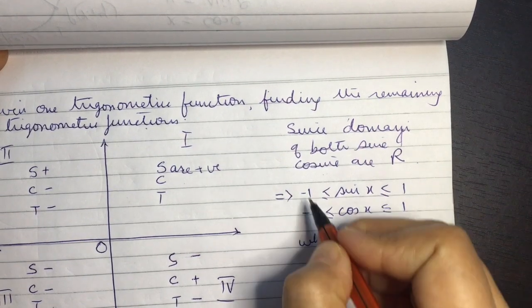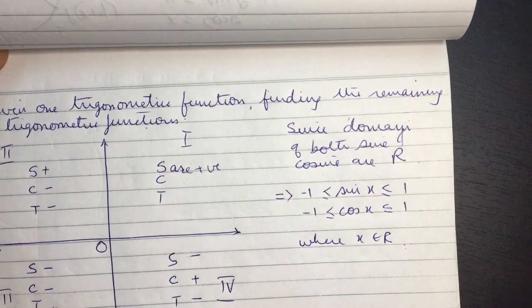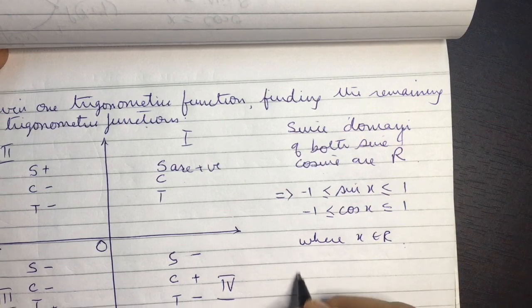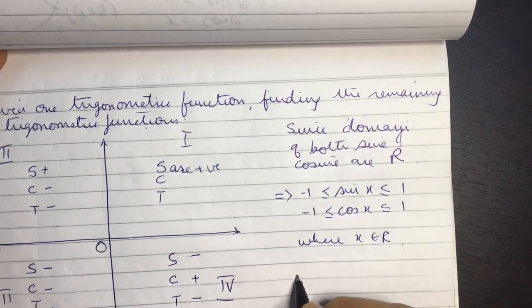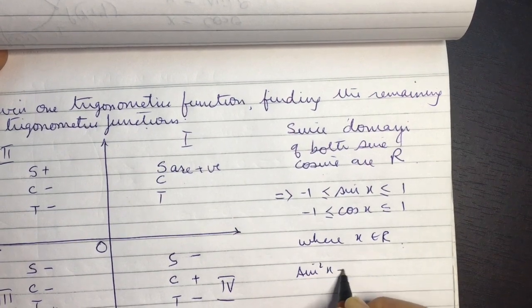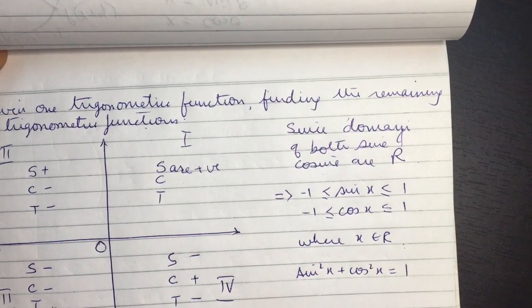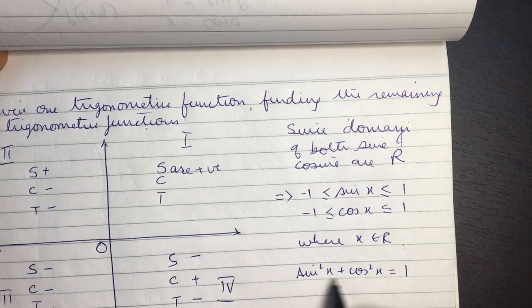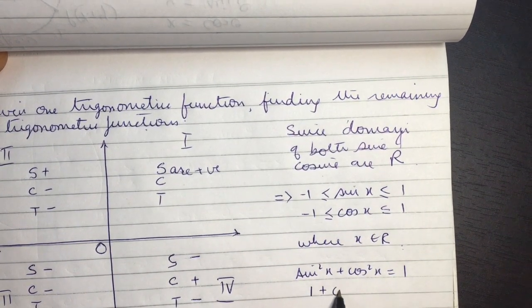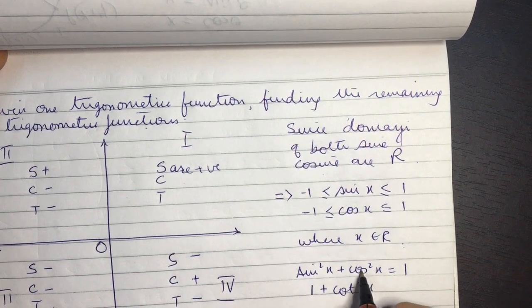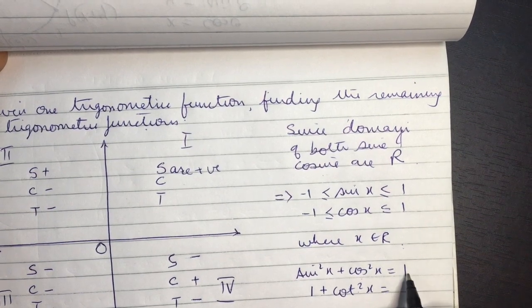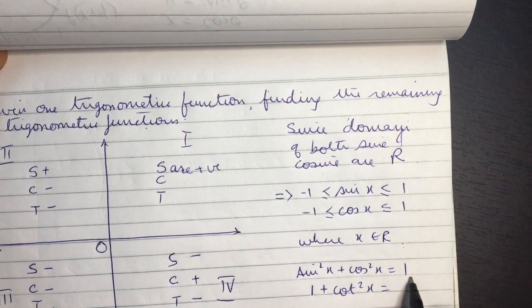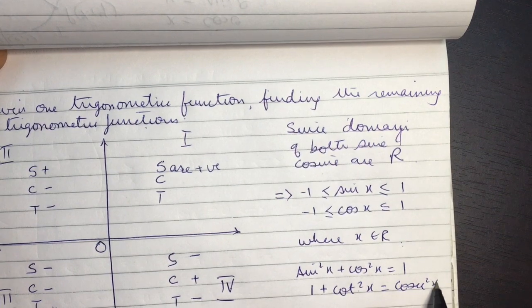This is the first thing. Another thing we had seen is that the sum of squares of sine and cos is 1. So we write sin squared x plus cos squared x equal to 1. Divide throughout by sin squared x, we get 1 plus cot squared x, because cos squared x upon sin squared x is cot squared x, equal to 1 upon sin squared x, which is cosec squared x.